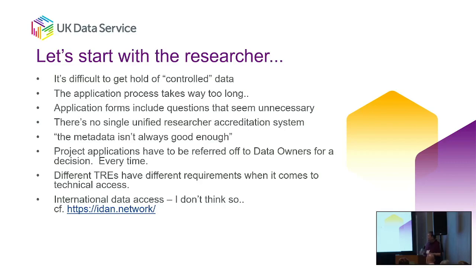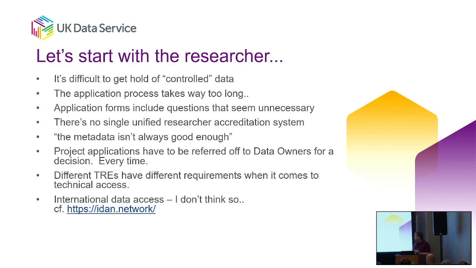It becomes too complicated. And there are many, many things we still need to do to make that better. When we look at application forms, feedback we got from researchers is there are too many questions. Some of these questions are not really obvious why they're being asked. We're not always clear on the repository side why we're asking some of these questions. It's just established convention.